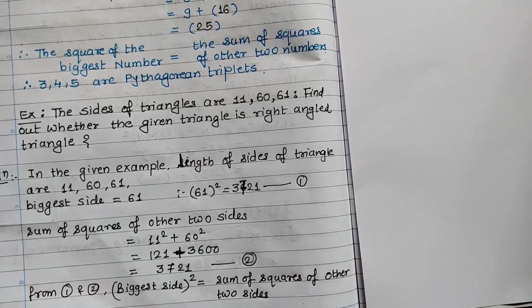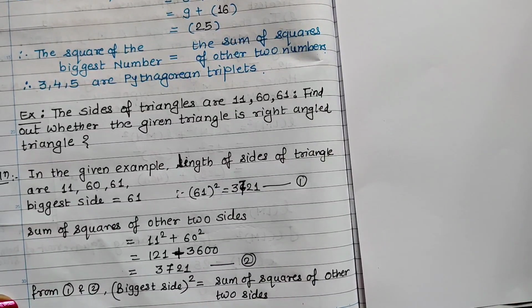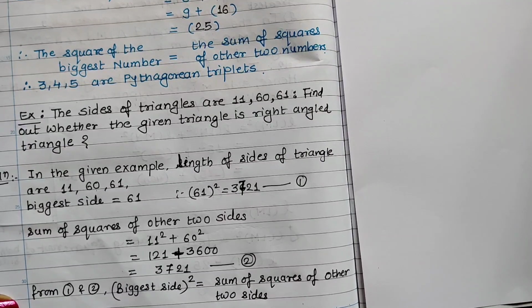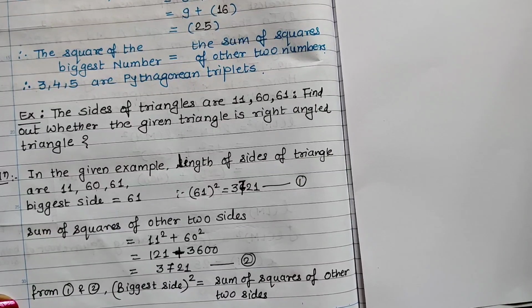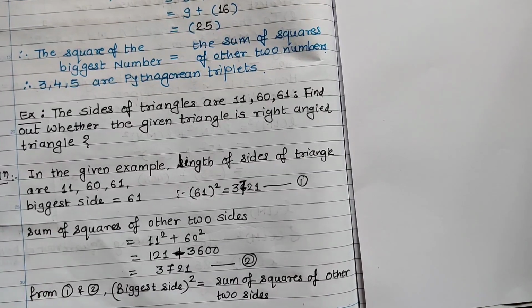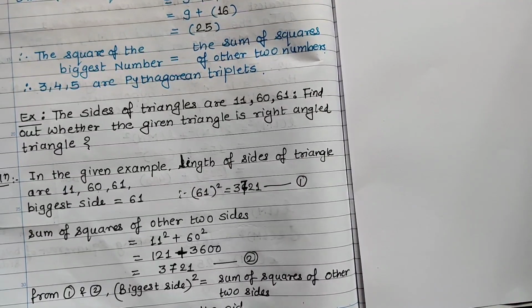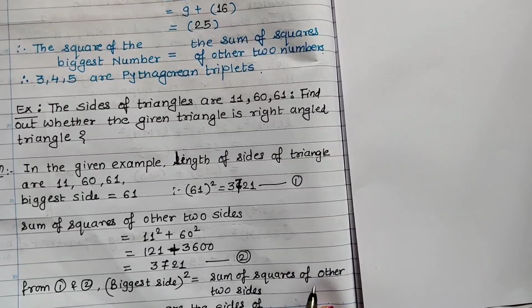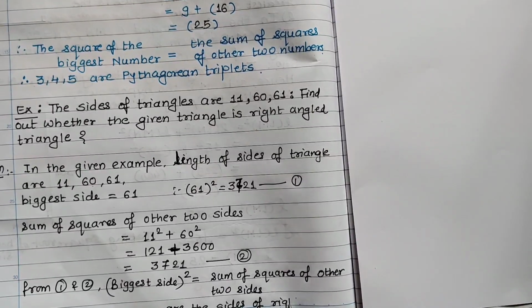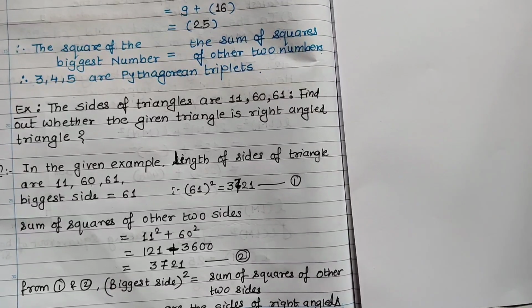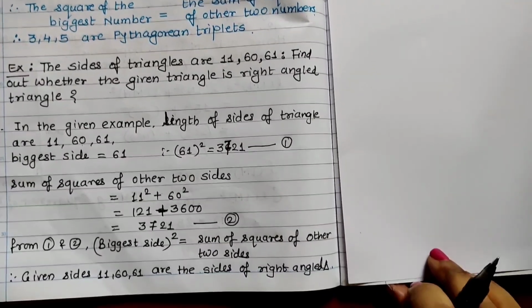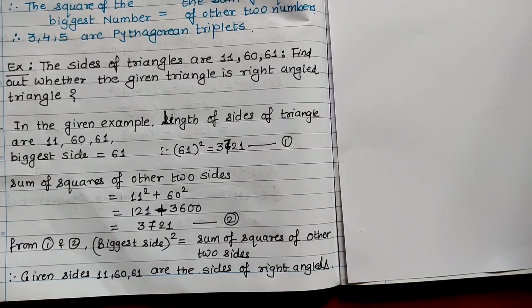As it is equal, therefore the given sides 11, 60, 61 are the sides of a right angled triangle.